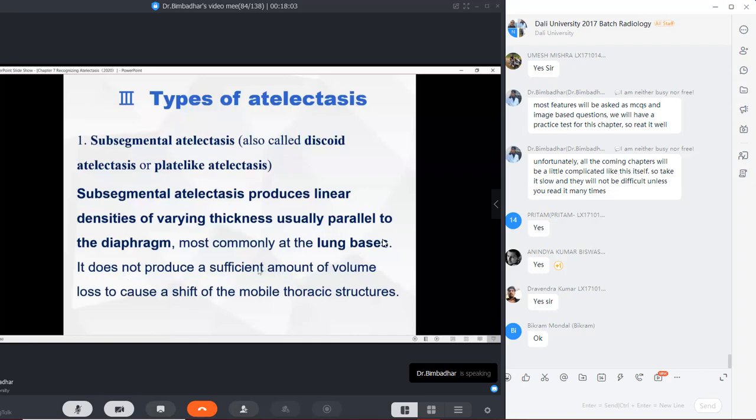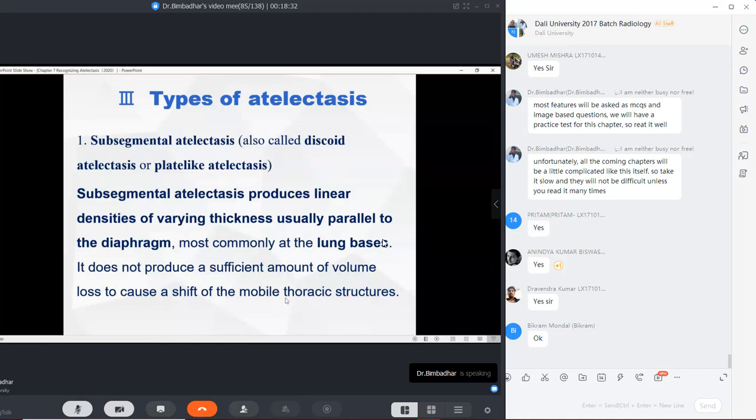It does not produce a sufficient amount of volume loss to cause a shift of the mobile structures. There will be no pulling of the trachea, because only a segmental bronchus has been involved. It does not have the capacity to pull the complete trachea.